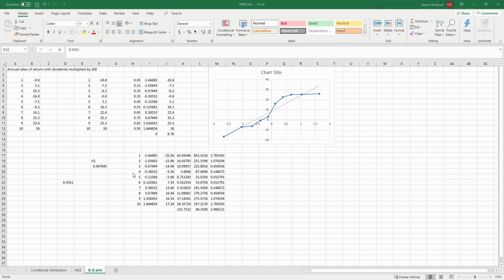So what we can conclude is, because at, let's say that this is, what did I say, 0.1, right? So because RQ is larger than the critical point, then we cannot reject the hypothesis of normality at this significance level.